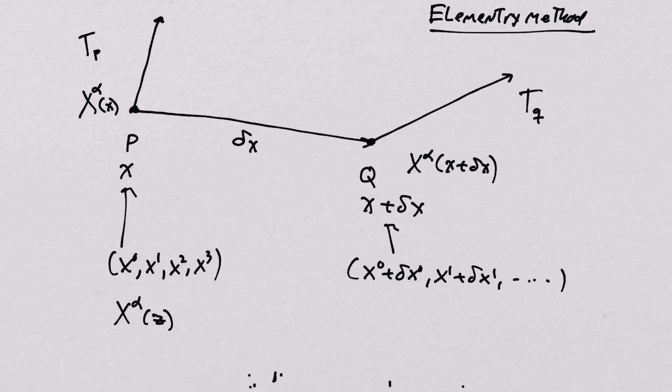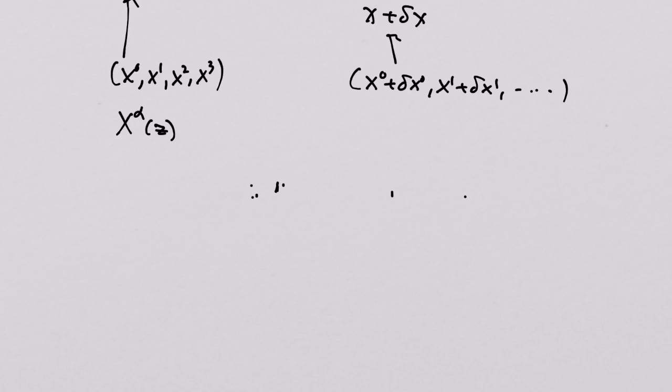Well, parallel means that the vector in this space associated with this space doesn't change. There's no derivative, right? There's no change in this vector between here and here when I move it. It's zero.